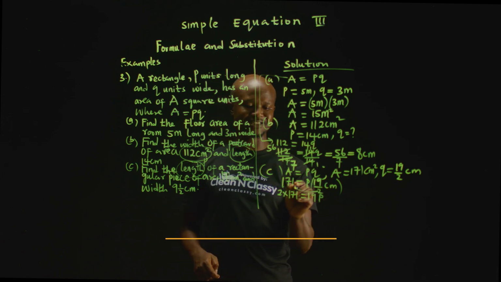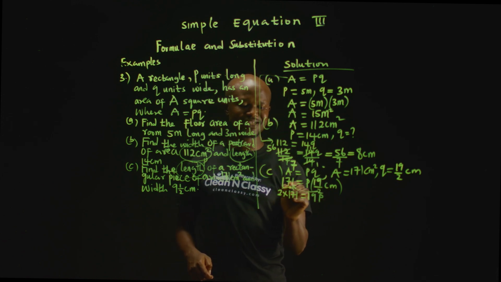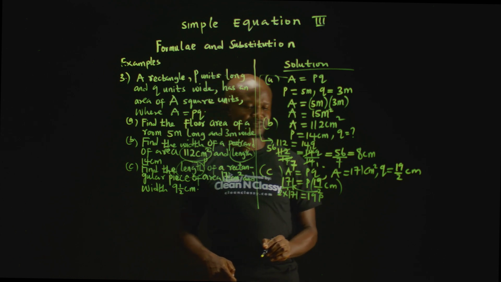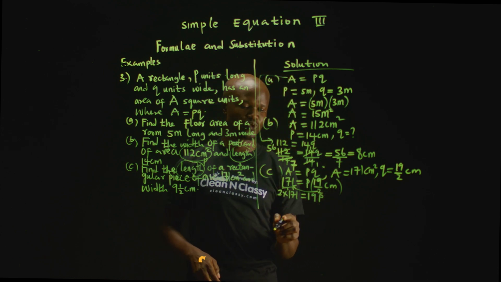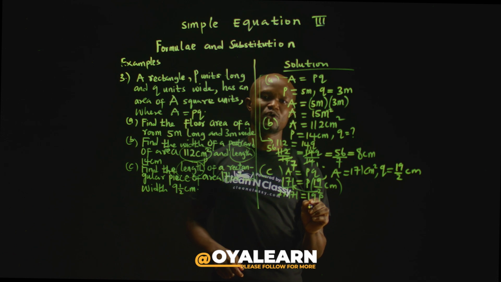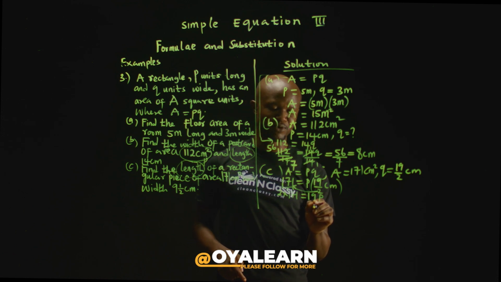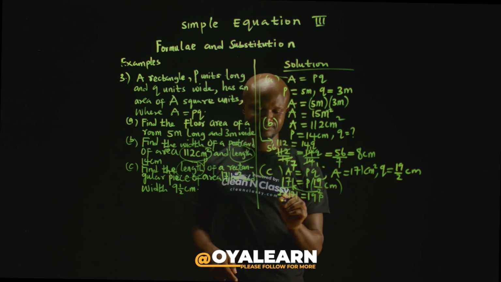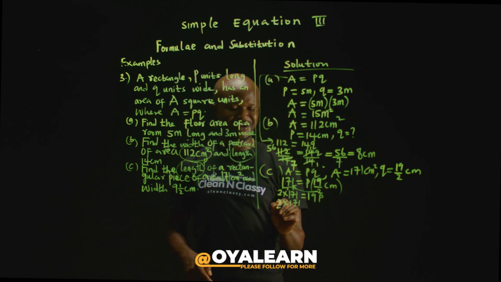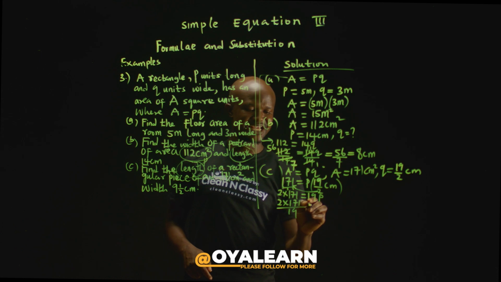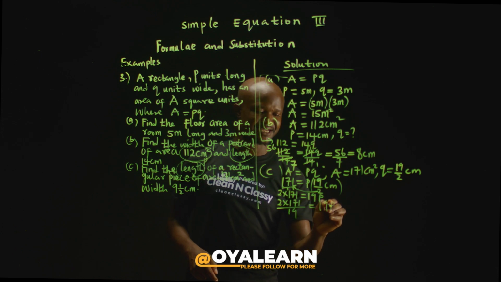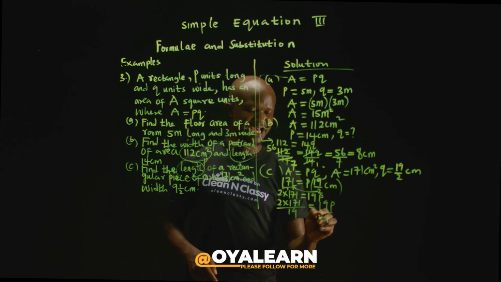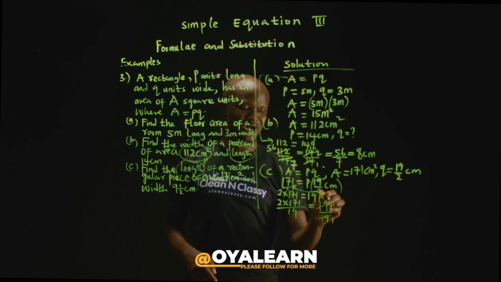This 171 is like over 1. So 2 times 171. From here, I want to find P. What do we do? We divide both sides by 19. So we have 2 times 171 divided by 19 equals 19P divided by 19. 19 and 1, 19 and 1.